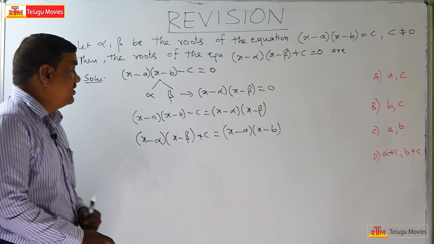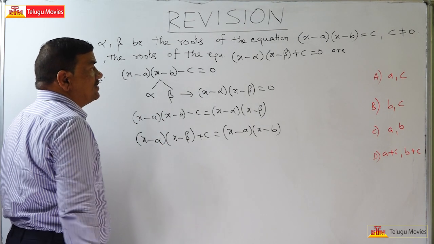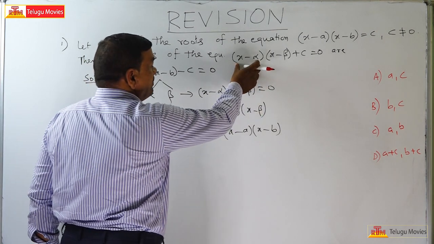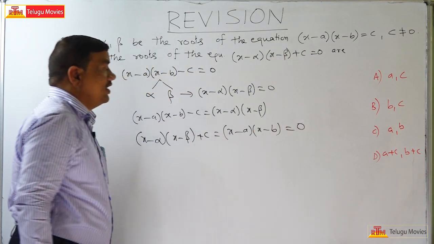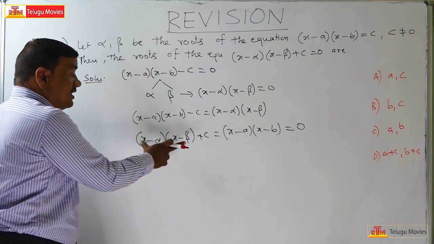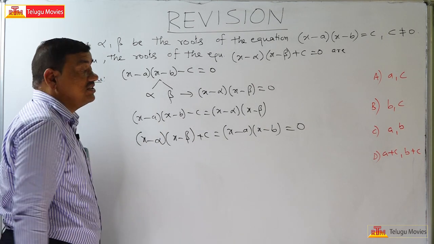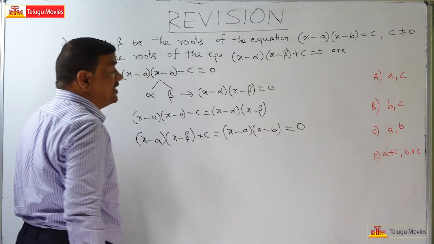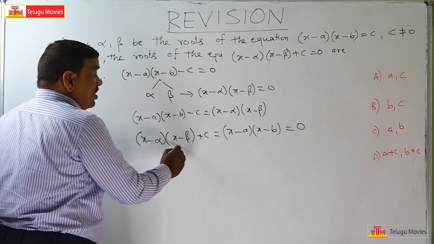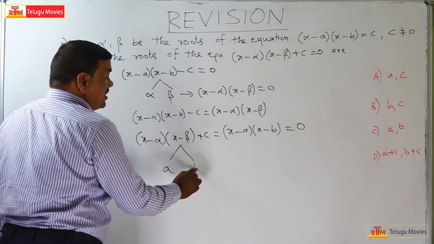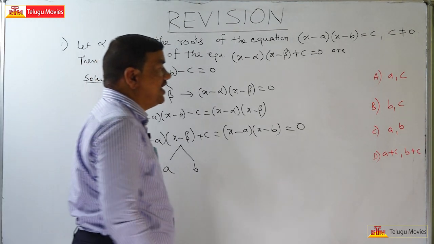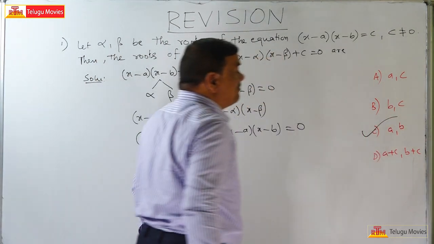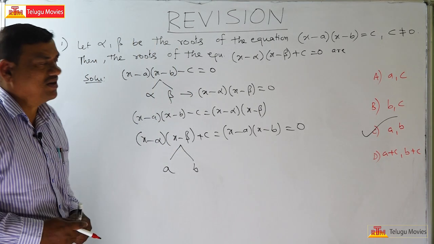This expression (x minus alpha)(x minus beta) plus c is equal to 0 means that it is factorized as (x minus a) and (x minus b). Therefore, what are the roots of this equation? a and b. Therefore, option C is the correct answer.